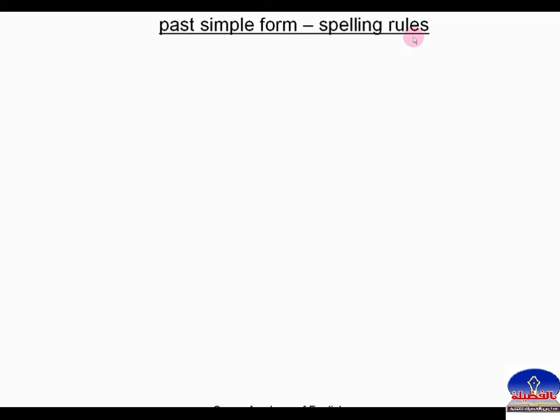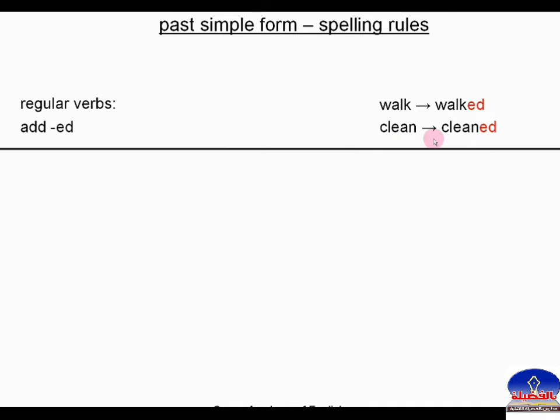So the spelling rules for the past simple form. Well, first of all, the easy ones are the regular verbs, like walk. So we simply add ed. So walk, walked, clean, cleaned. Those are just two examples.